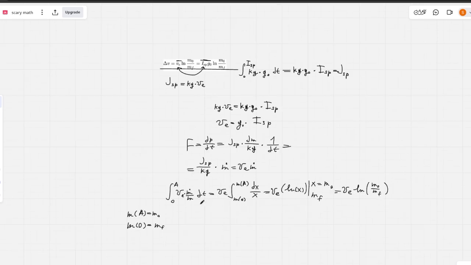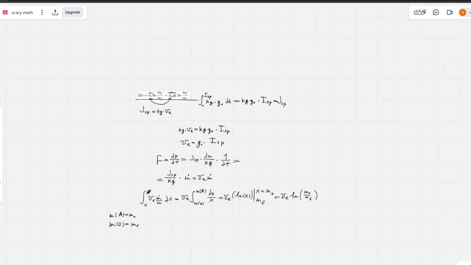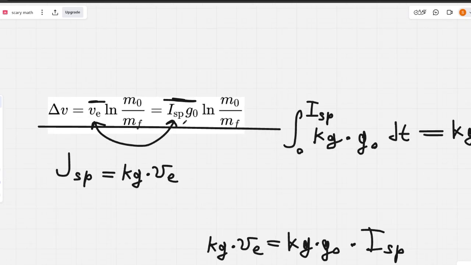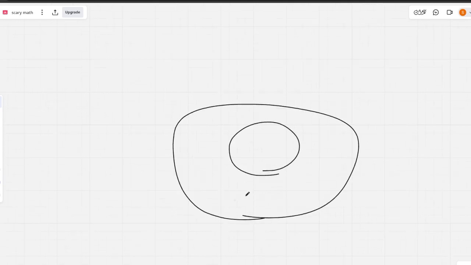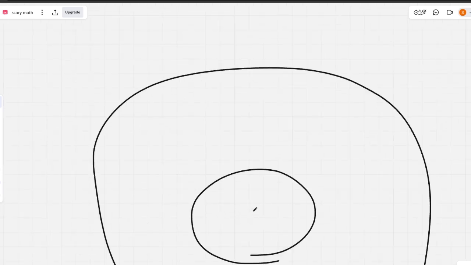Now what we're going to do is find the delta V required for low Earth orbit. First of all, low Earth orbit isn't really far, it's like 100 kilometers away from the surface or so, so the gravity can be taken as constant. So here's Earth. I'll draw the orbit a little further away, and that's just for model purposes.